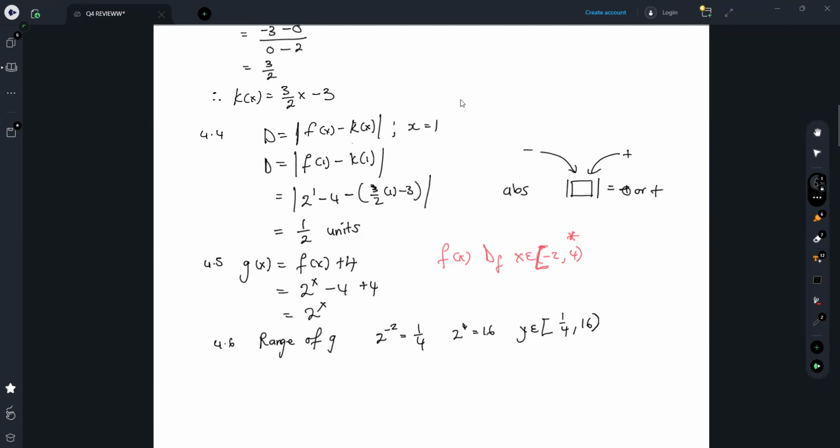Okay. So now, since this is the range of G, therefore the domain of the inverse is simply going to be x is an element, and we just write it as it is, like that. Because we know that the domain of the inverse must have been the range of the function that we began with. Okay.